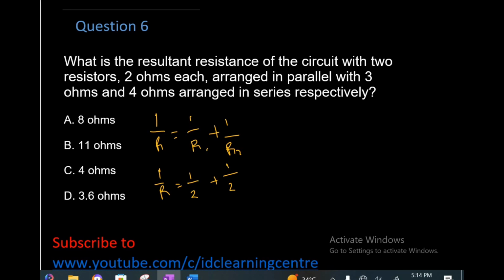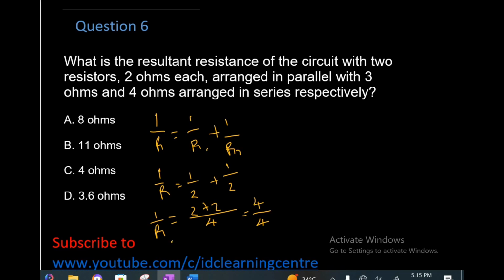To get this done we can use LCM. LCM of 2 and 2, let's use 4. This is still 1 over R. So 4 by 2 is 2, 2 times 1 is 2, plus 4 by 2 is 2, 2 times 1 is 2, which is going to be equal to 4 over 4.